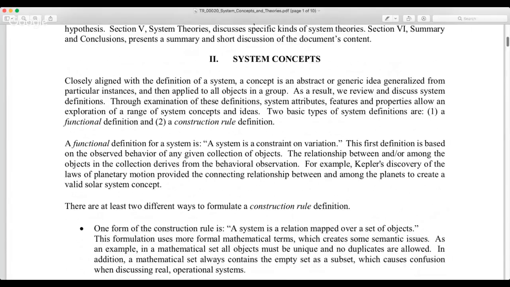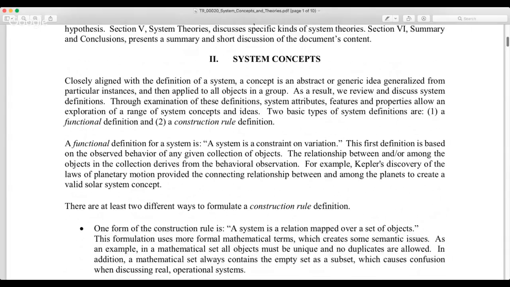A functional definition of a system is a constraint on variation. In observing the behavior of something, you see that it has a constrained pattern. You infer that there is some type of system constraining those objects to behave in that constrained manner. The example here is Kepler's discovery of the laws of planetary motion. Human beings had observed the motion of the planets for a long time.